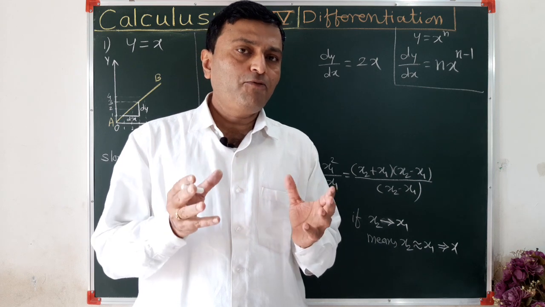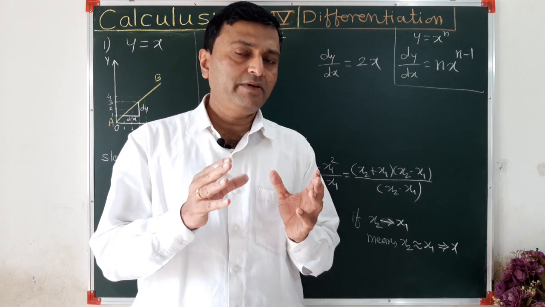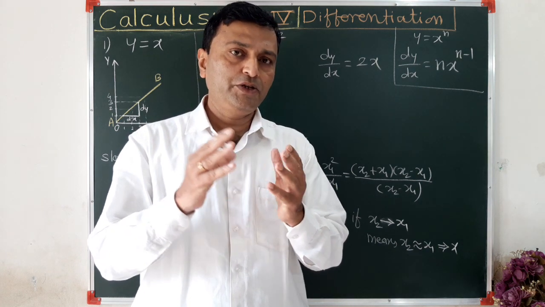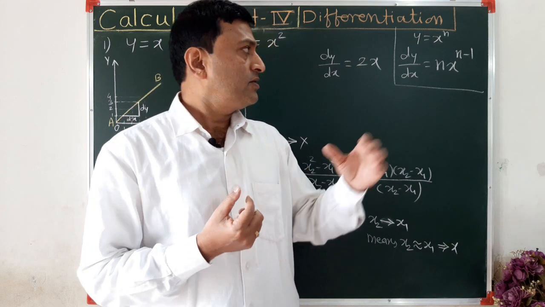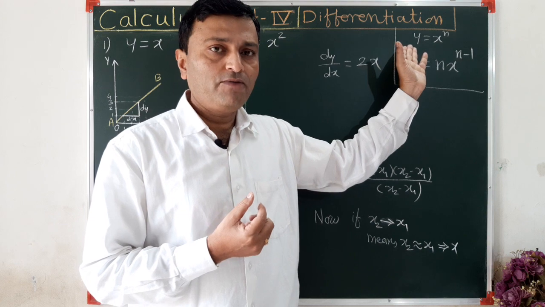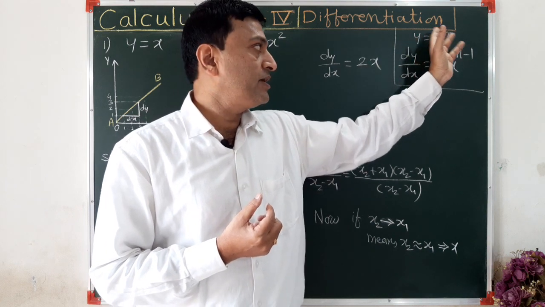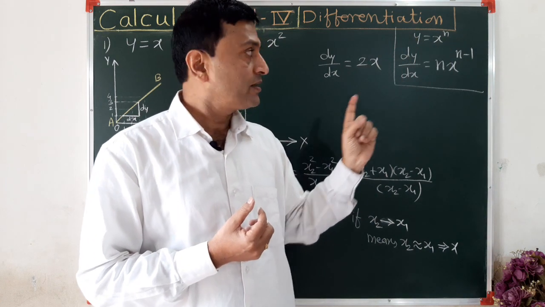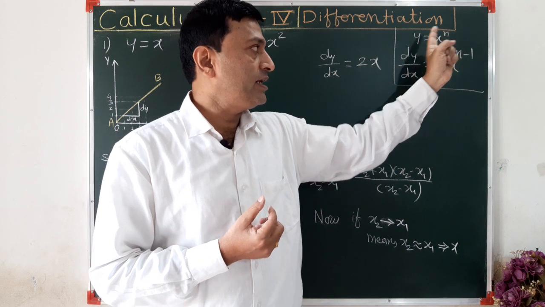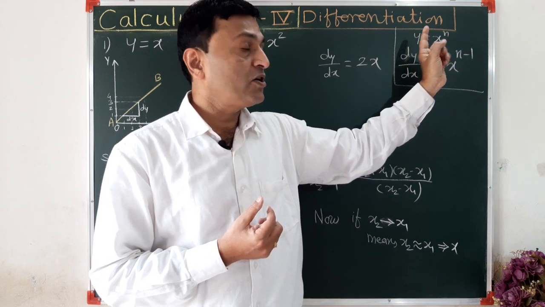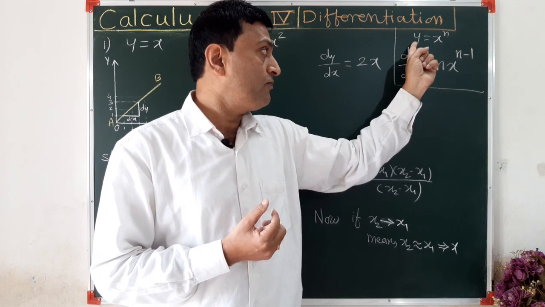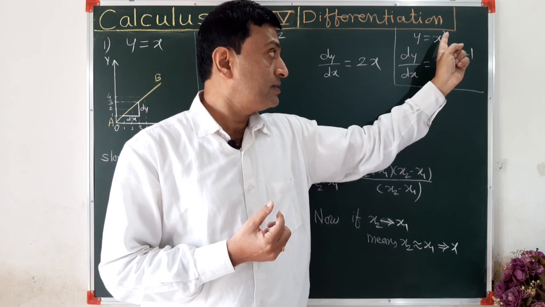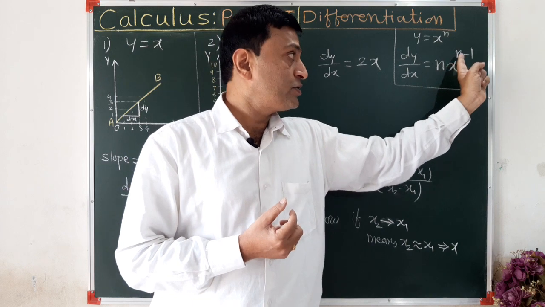There are a number of formulae for derivatives and integration, and you can take them from your mathematics book. Now, one of the basic formulae, the derivative of x raised to n with respect to x, I have written. If y is equal to x raised to n, meaning y is a function of x in this way, then you can write the derivative of y with respect to x as n x raised to n minus 1.